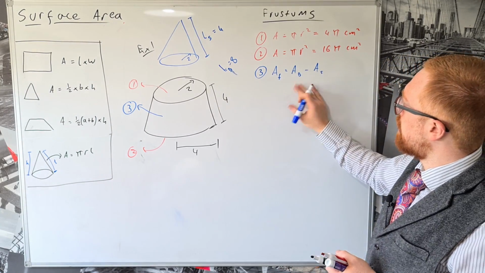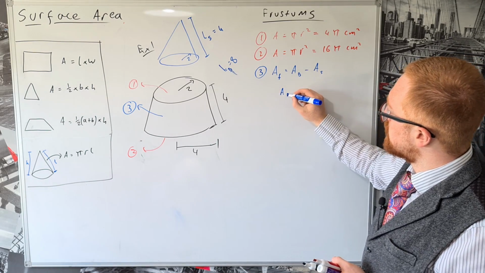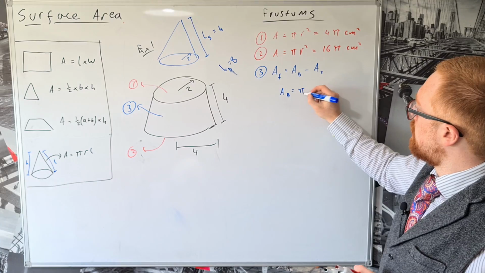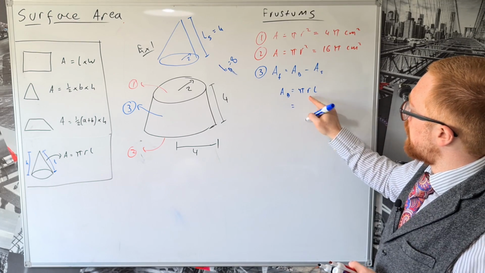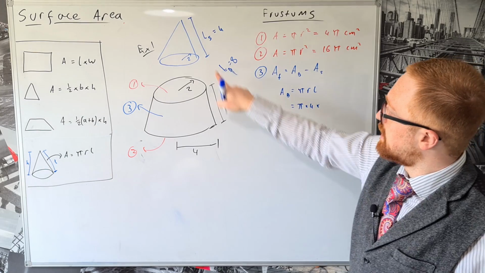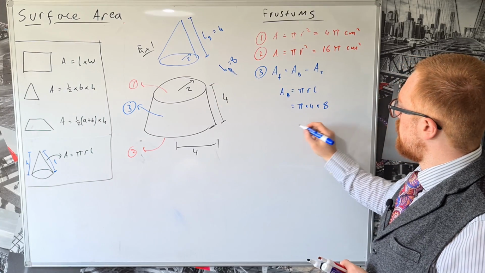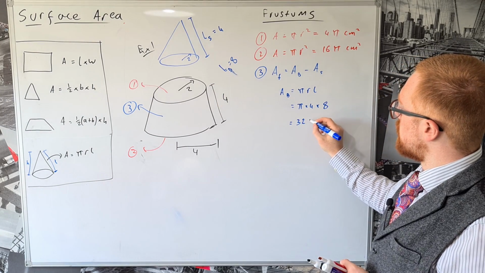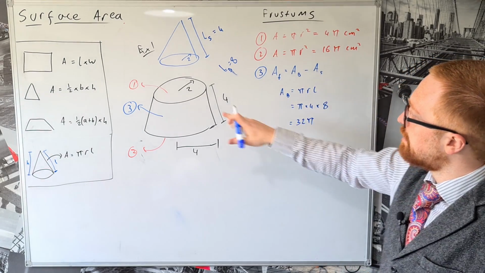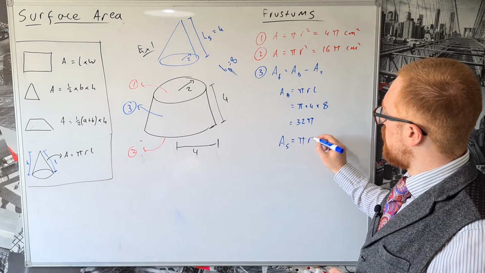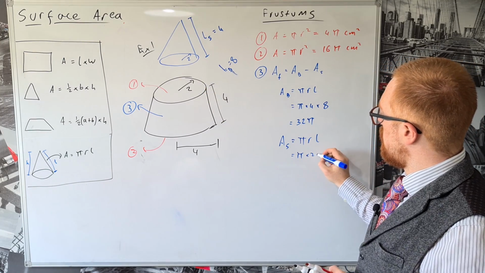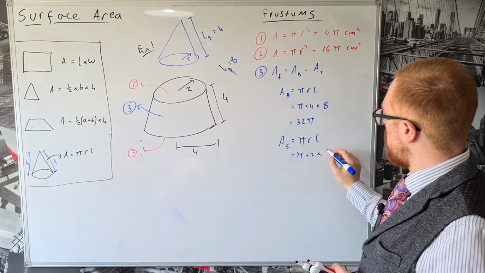So now we can work out each of these areas. So the area big, again, is pi RL. The big radius is 4, and the big slant length is 8. 8 4s are 32, so we get 32 pi. And the small area, well, pi RL, the small radius is 2, and the small length is 4.